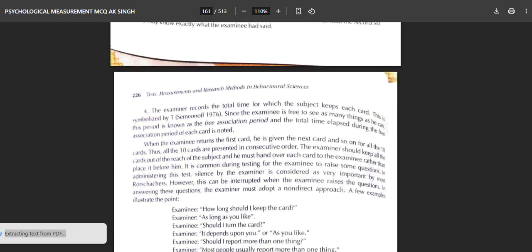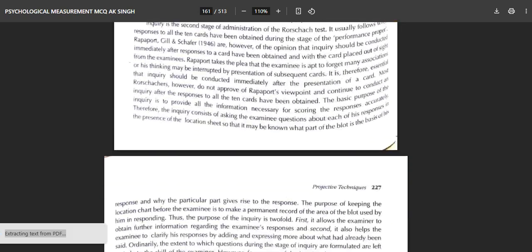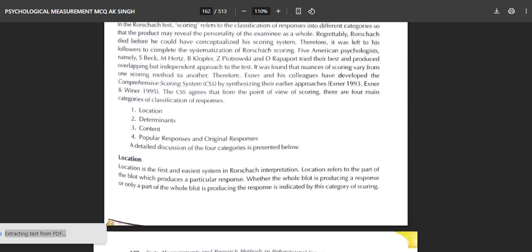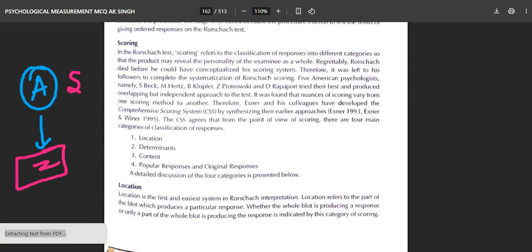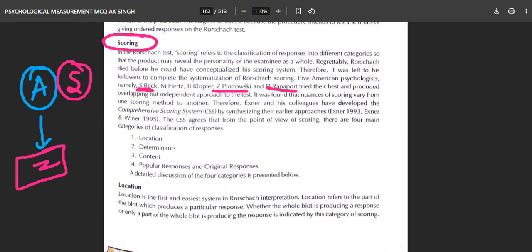Now let's find out under the head of scoring. ASI: first is the administration, you will administer to the client or the prospect, and then next will be the scoring, how you will score. Now these names are important: Beck, Rappaport is important, Piotrowski is also important, and Exner we are following right now.